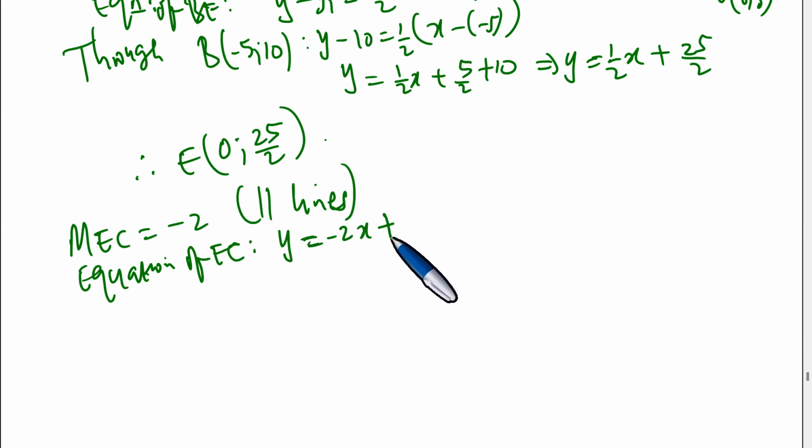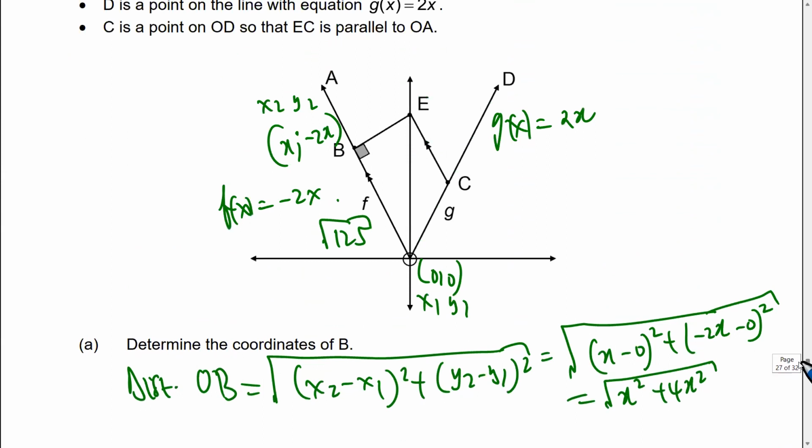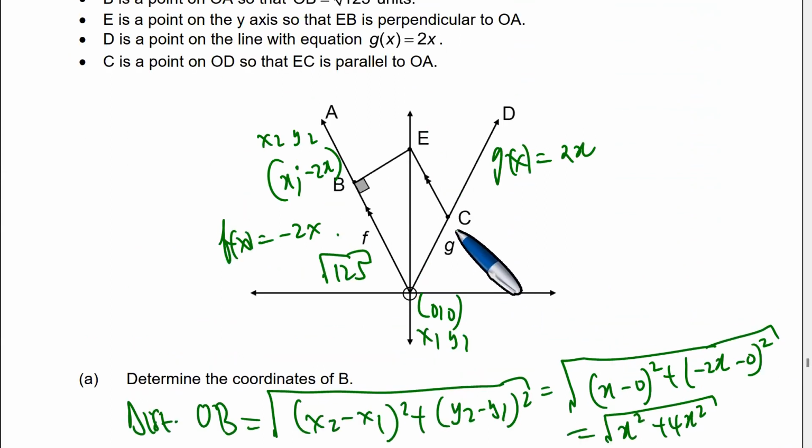So it's going to have the same y-intercept but different slope. So for C, now, let's check. C is here, and it's going to be the point of intersection of this line and this line there.